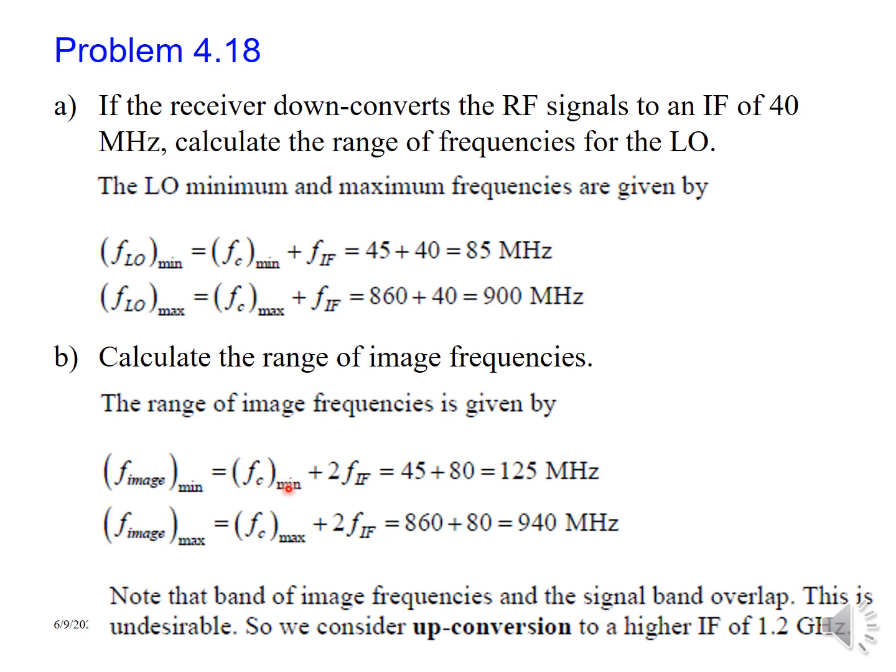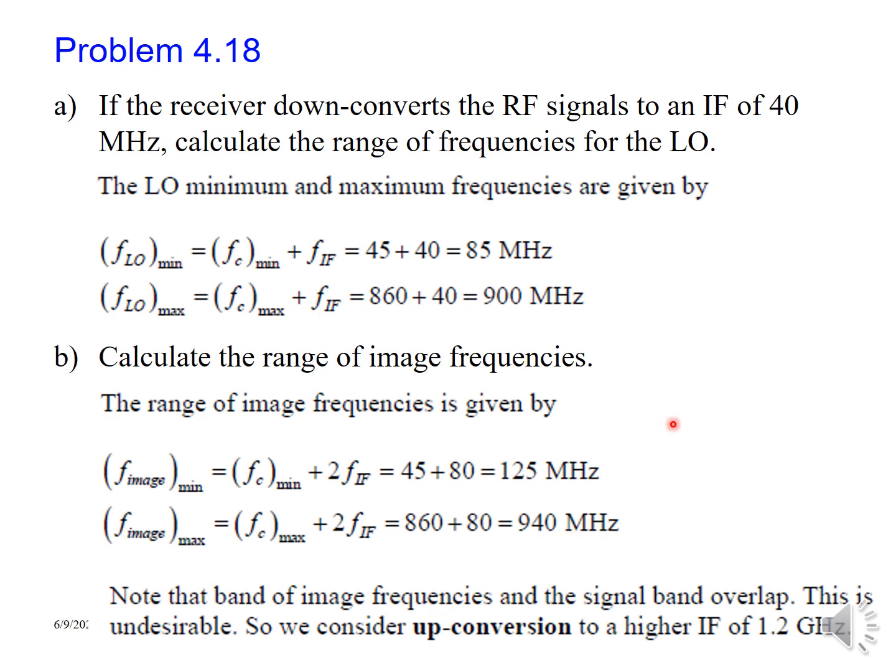The image will be at plus 2IF. What is the IF? 40 times 2 will become 80. The incoming RF frequency is 45, so that means at 125 megahertz there will exist an image, and at the other end, 860 plus 2IF, so 940 megahertz is the image frequency.